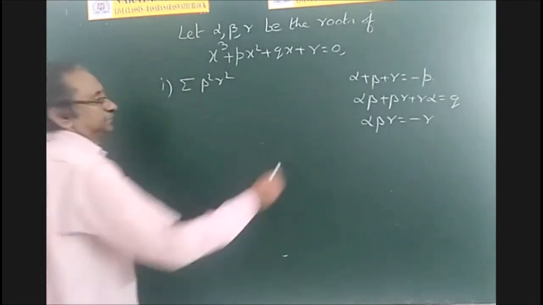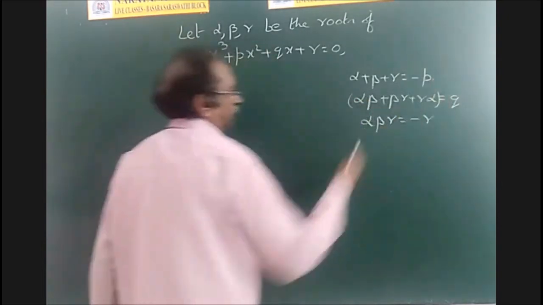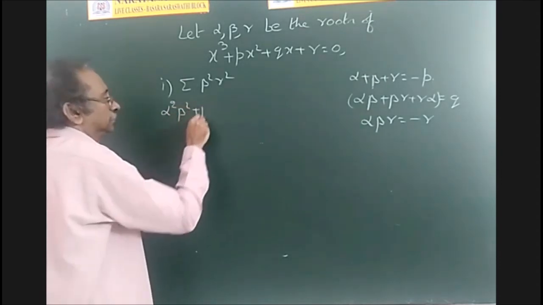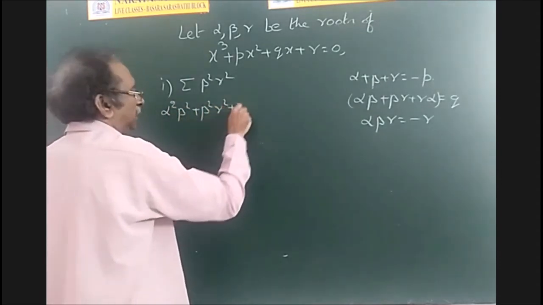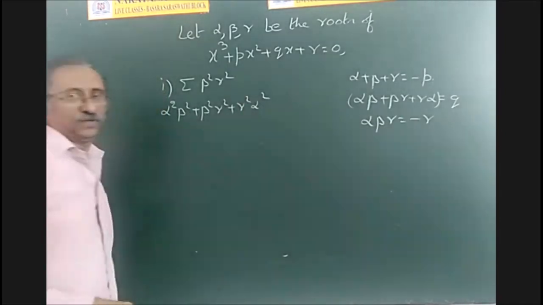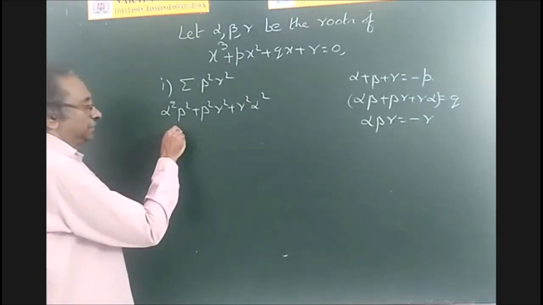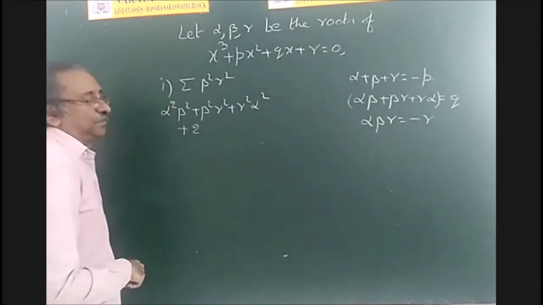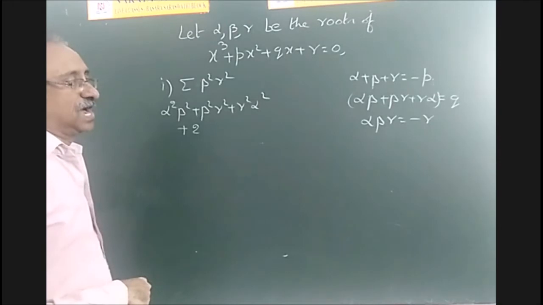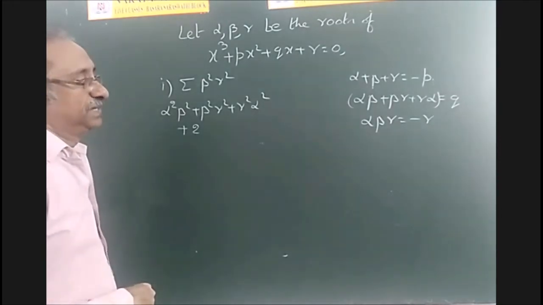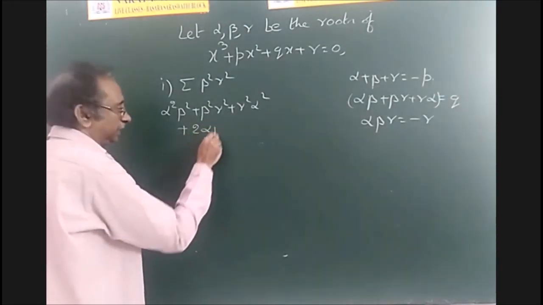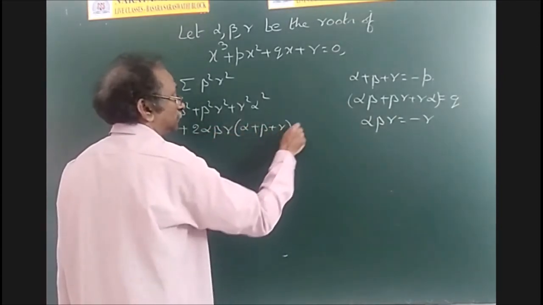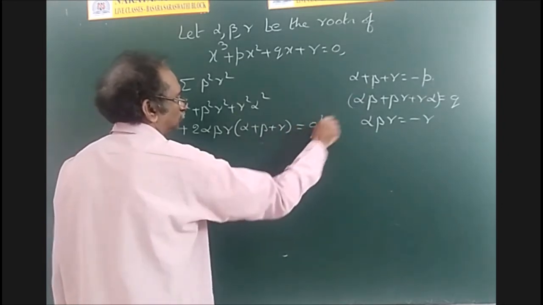So how to get this? See, consider this equation and square it. You will get alpha square beta square plus beta square gamma square plus gamma square alpha square, that is a square plus b square plus c square terms, plus 2ab terms: 2 alpha beta square gamma plus 2 alpha gamma square beta plus 2 beta gamma alpha square. That means if you take 2 alpha beta gamma common, you will get alpha plus beta plus gamma, and the right hand side is q square.